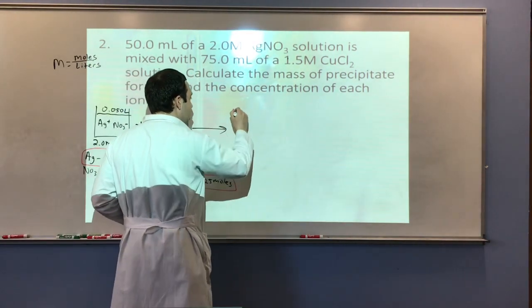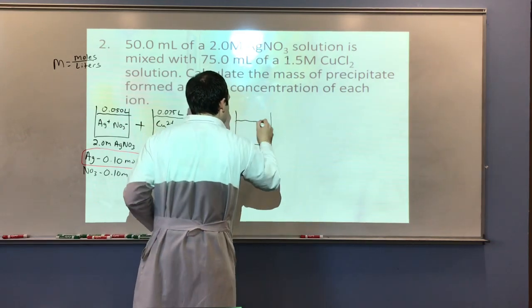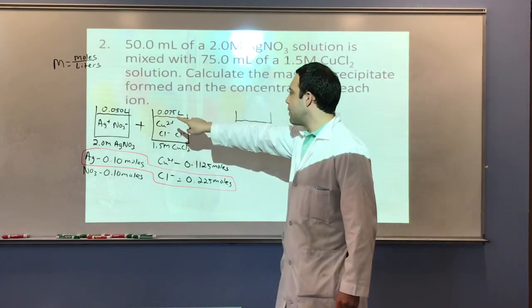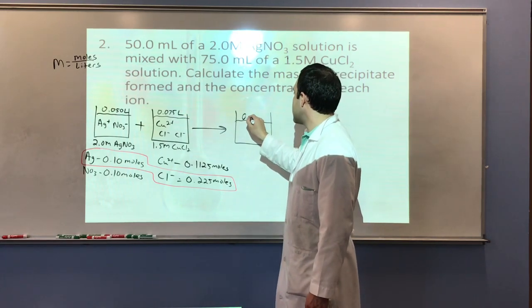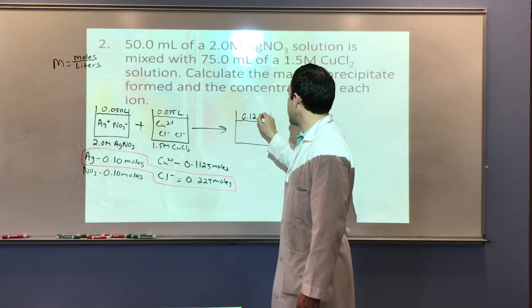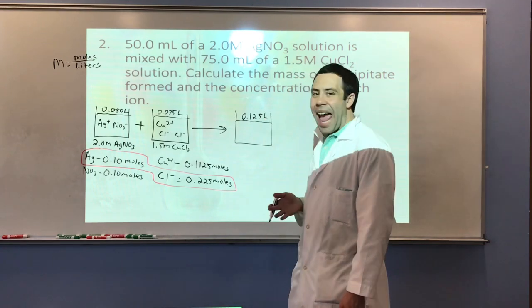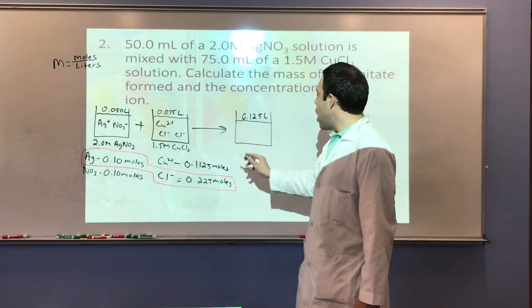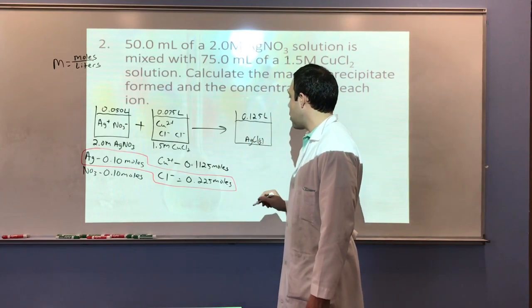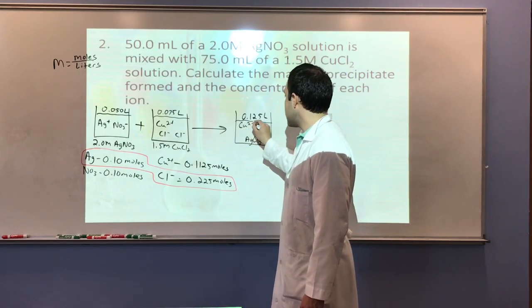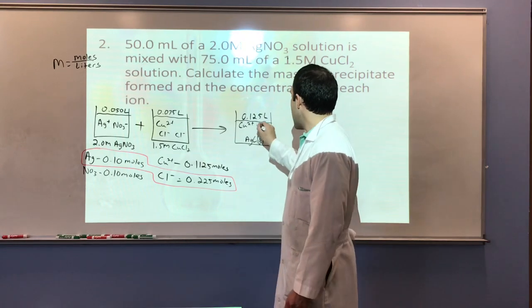Our third beaker, which has a volume of 0.50 liters plus 0.075 liters, which means it's 0.125 liters volume. And what's in the beaker? Well, there's solid silver chloride sitting at the bottom, which precipitated out. There's copper 2+ ions floating in solution.